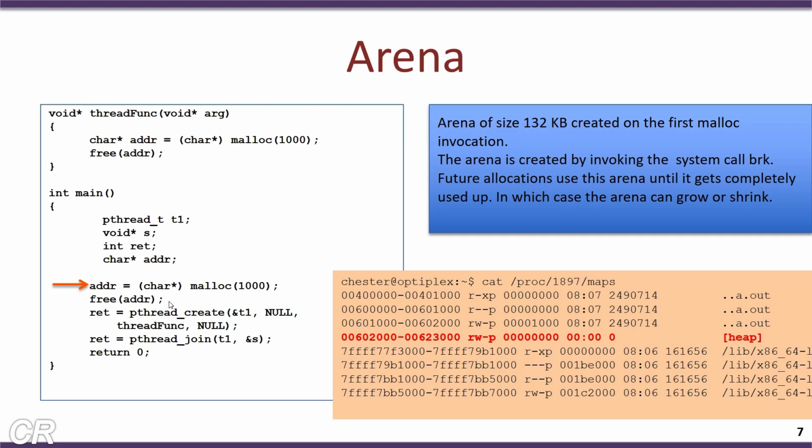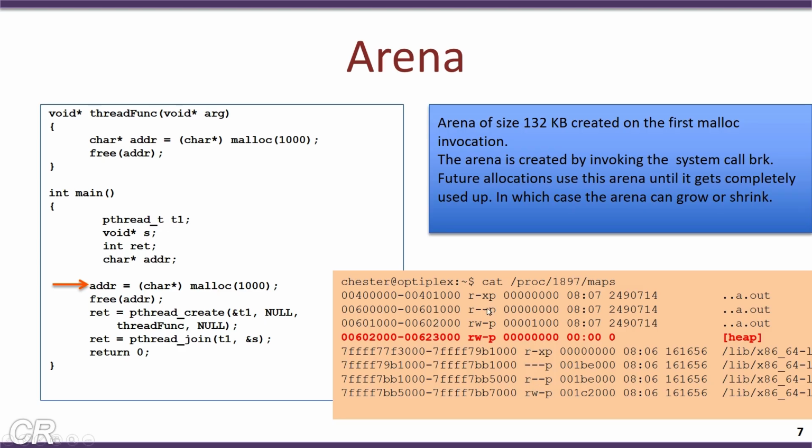Then a subsequent malloc would invoke the operating system again and get a new chunk of 132 kilobytes. In this way, you see that the operating system gets invoked only when there is no available space in the heap segment to satisfy a particular request.